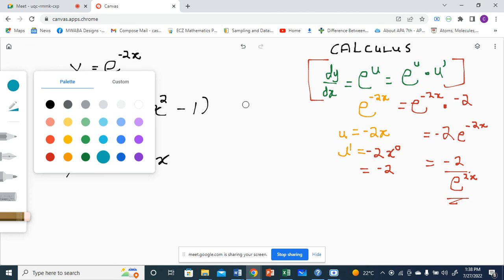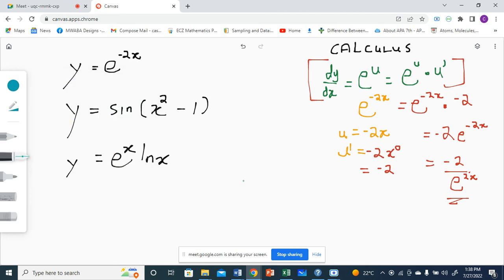The power rule: the derivative of x to the power n equals n times x to the power n minus 1.